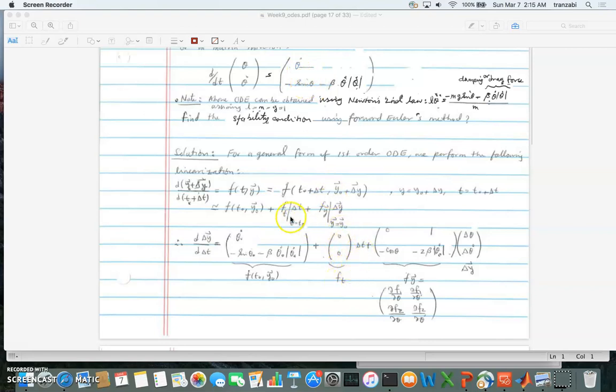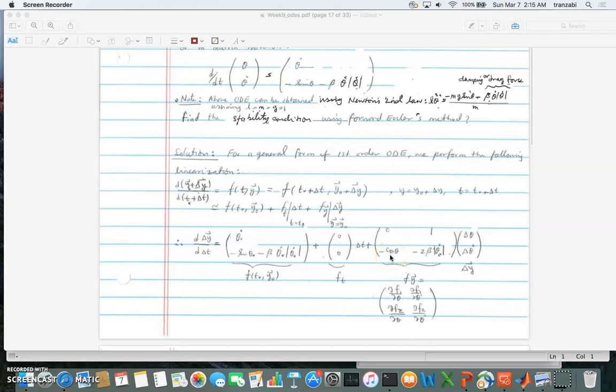Times delta t, and then plus delta y, which is going to be delta theta and delta theta dot. This whole vector is delta y, times the partial derivative of f with respect to y. We know that y has two elements, theta and theta dot, so the first row of this partial derivative is the partial derivative of the first element with respect to theta and with respect to theta dot.